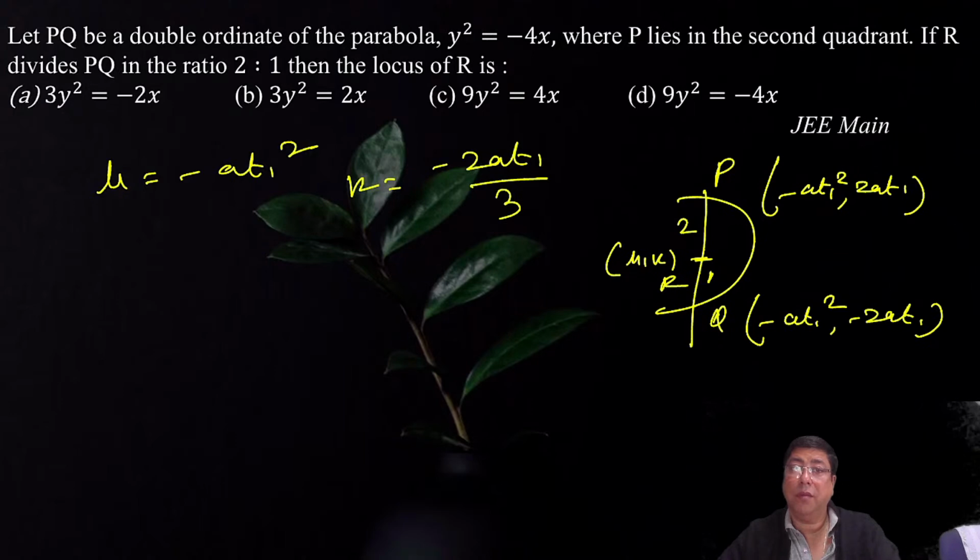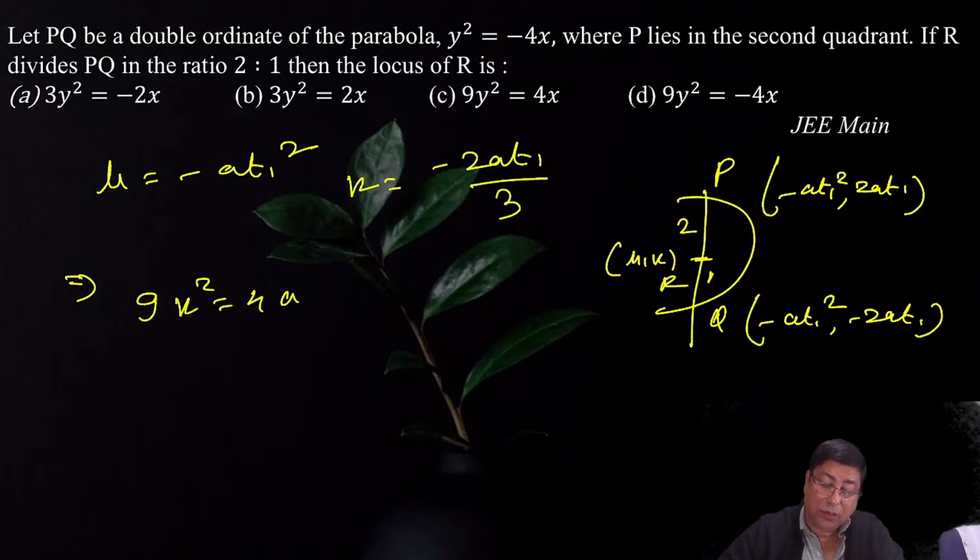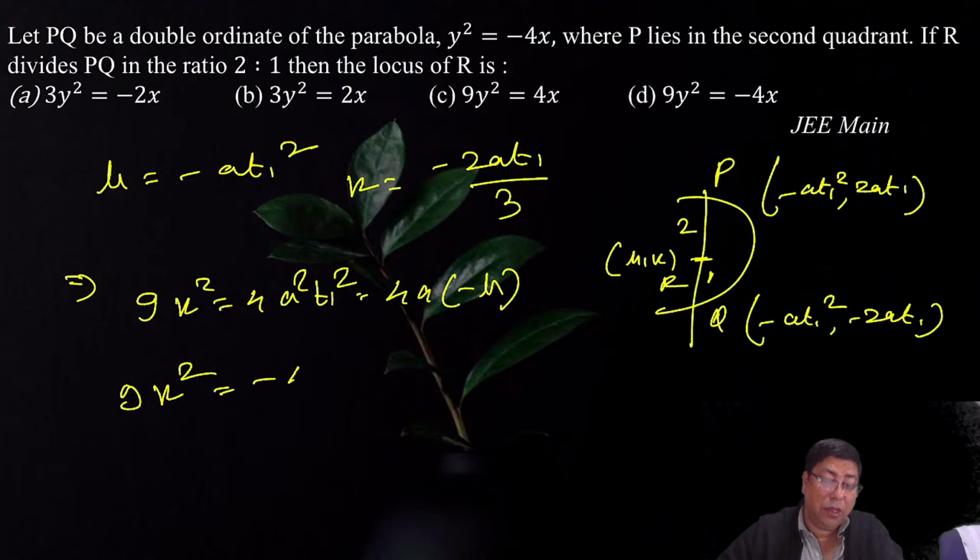By the formula (mx2 + nx1)/(m + n). And since it is perpendicular to the x-axis, its x is the same. It's a double ordinate. Therefore, just eliminate t1. What are we getting? 9k² = 4a²t1² = 4a(-h). Therefore, 9k² = -4h.